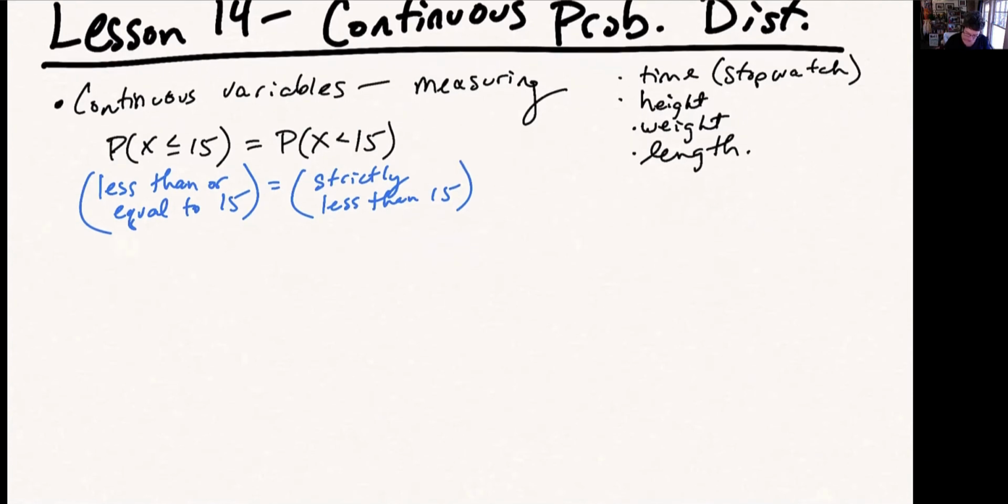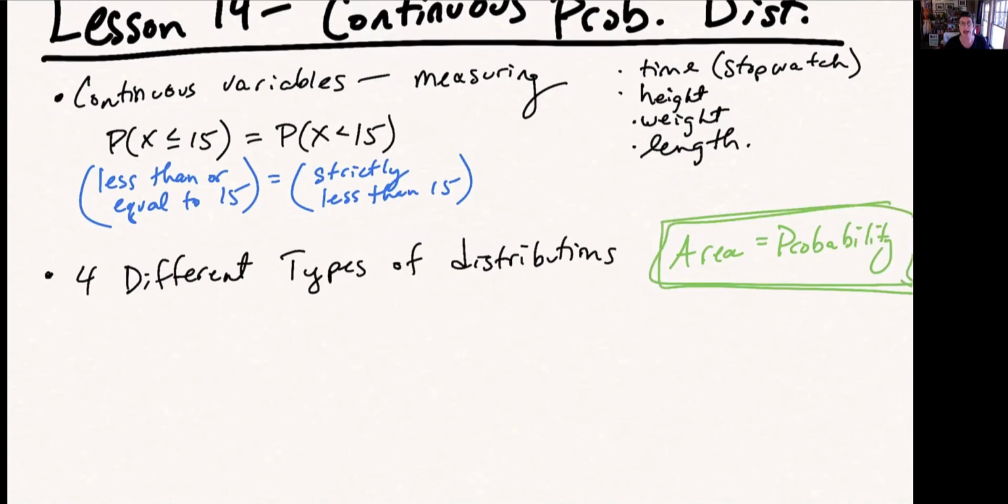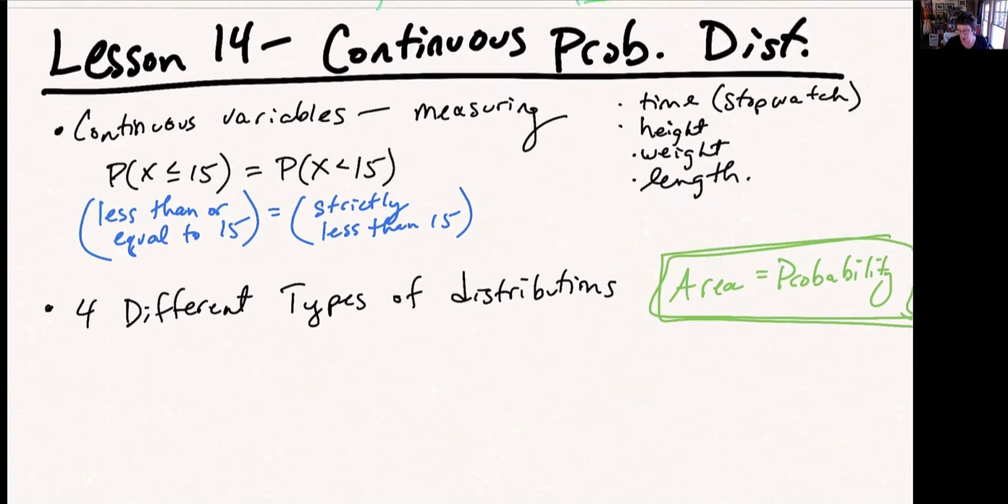So we have different types of probability distributions, and in these distributions, area equals probability. Okay, and we like to shade in the area that we're finding to illustrate the probability that we're finding. But let's talk about these 4 different types of distributions.